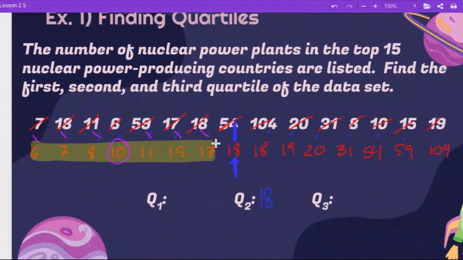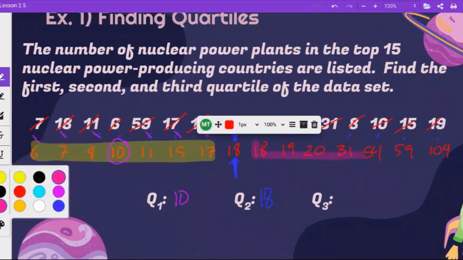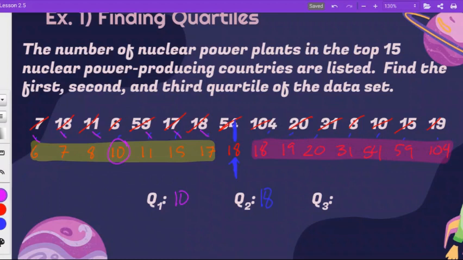So this is going to be quartile 1. And then now I can focus on the top half of my data, here highlighted in this pink. And again, I find the middle term for the top half. And in this case, it's 31. So quartile 3 is 31. So if I can find the median, I should be able to find Q1, Q2, and Q3.